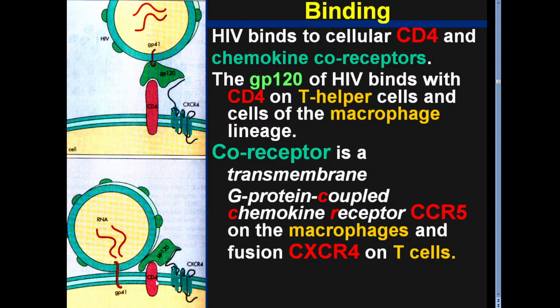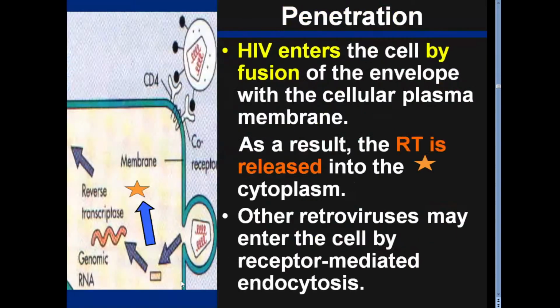By glycoprotein 41, these viruses fuse with the membrane of the lymphocyte or macrophage. It initiates entry of the virus into host cells. As a result, the genome of the virus with reverse transcriptase is released into the cytoplasm.